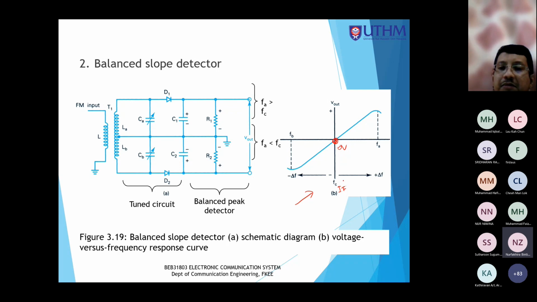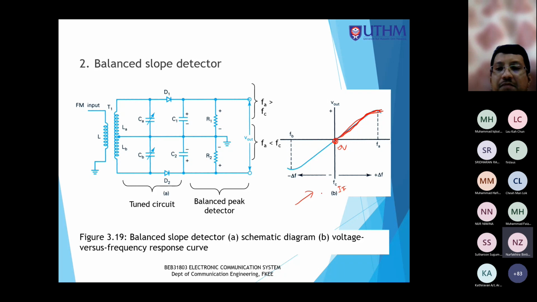And whenever the frequency varies from the center of the IF until FC plus delta F, it will produce output towards the maximum peak. Okay, maximum peak.